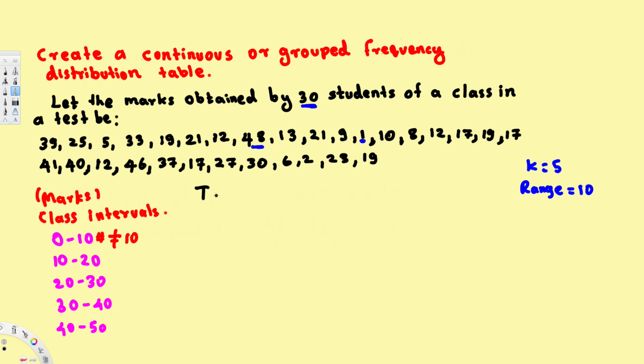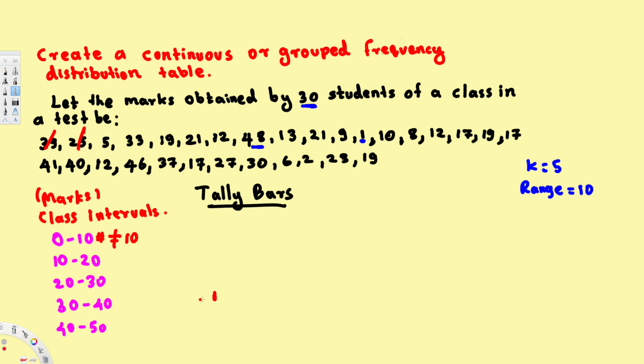The next one, we are going to create another column that's going to be tally bars. Tally bars is basically you look at the values between this interval and you put bars for that. Now let's go one by one. 39 is between 30 and 40, so we are going to put a bar right here, right?